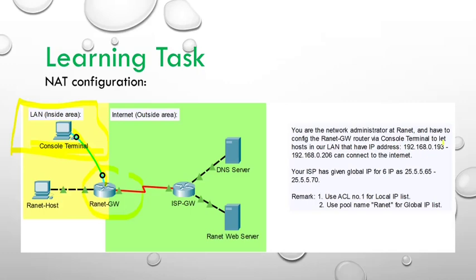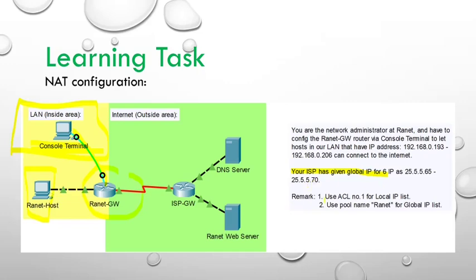Okay? To let host in our LAN, ito daw, so lahat ng RayNet host, lahat ng host natin dito, okay, have IP address 192.168.193.206 can connect to the internet. Okay? Your ISP has given global IP for 6 IP as 25.5.5.65 to 25.5.5.70.